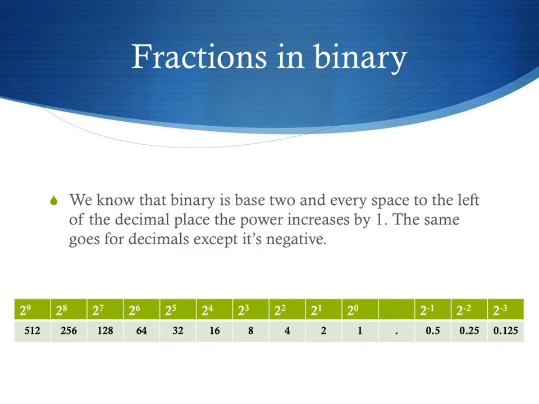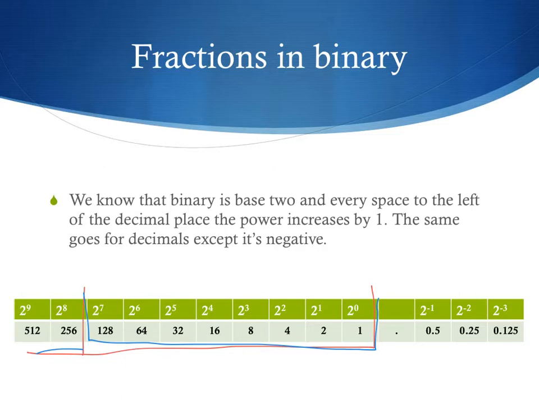Okay, fractions in binary. We know binary is base 2, so you're familiar with a lot of this stuff in here, okay? So we know we start with 2 to the power of 0, 1, and 2 to the power of 1, then 2 to the power of 2, then 2 to the power of 3, then 2 to the power of 4, and we stop at this point if we want 8 bits or a byte, but essentially we could keep on going and get up to 16 or 32 or 64 in a row, okay?